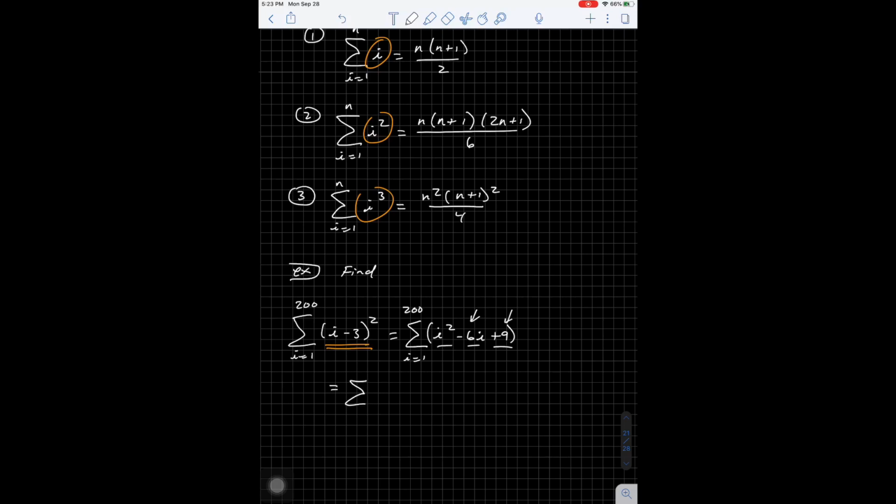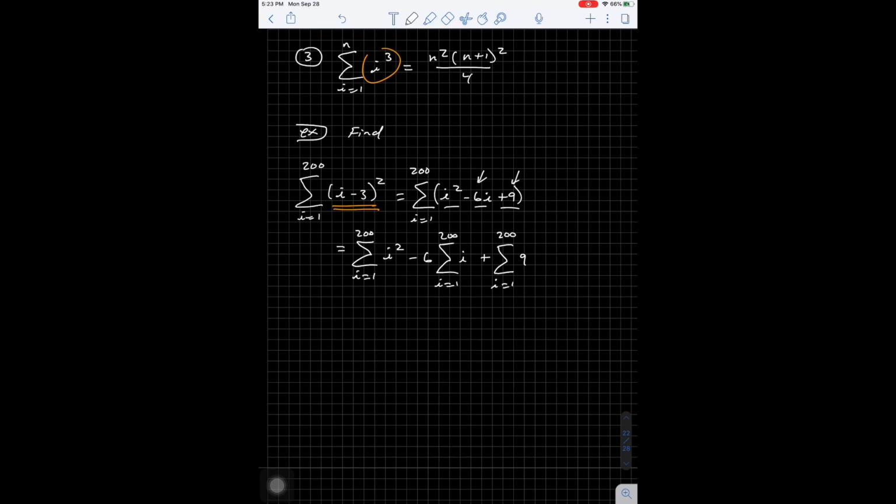So here's what this is going to look like. The sum i equals 1 to 200 of i squared, minus 6 on the outside of the sum of i. And I'm going to actually choose to put the 9 inside just because there's nothing left. It's just the 9.